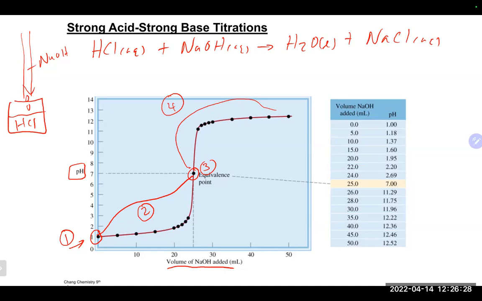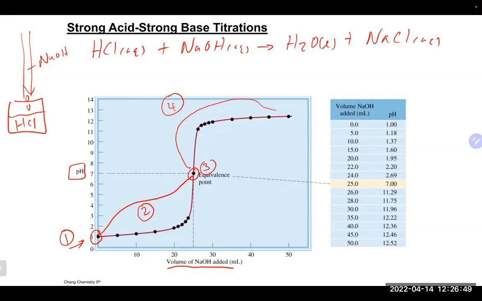So we do need to do an ice table, and we have to do it like we talked about this morning, in moles. Because in a titration, as I mentioned earlier, you're doing nothing but continuously adding volume, which means your molarity is continuously changing through the titration. The only thing that is not changing is the moles.